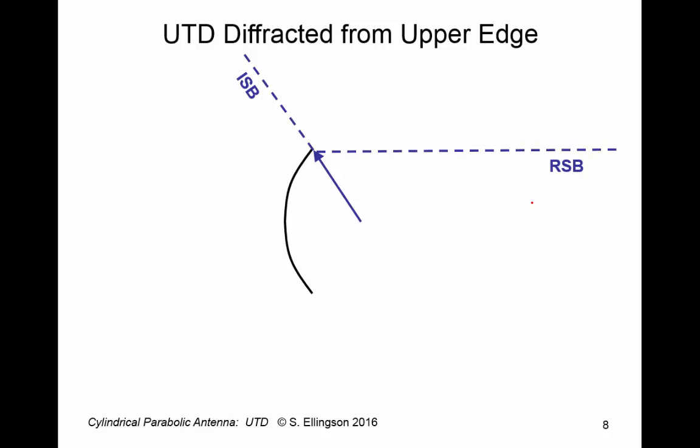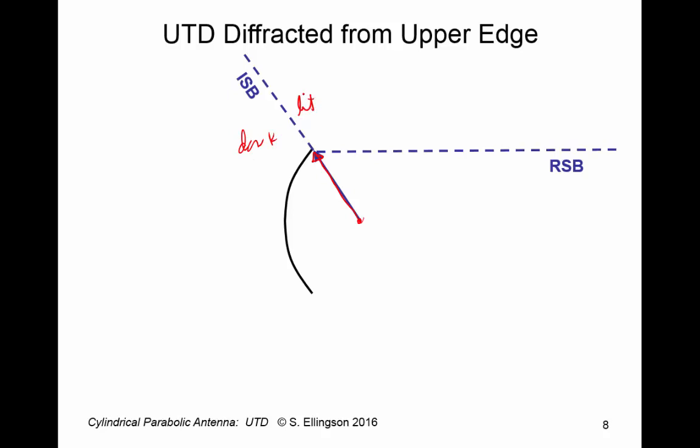Now we can consider diffraction from the upper edge. So our feed is here. We imagine a ray coming up here and striking the upper edge. We know that in UTD, the result depends on the positions of the incident and reflected shadow boundaries. We have an incident shadow boundary up here. This is dark. This is lit.